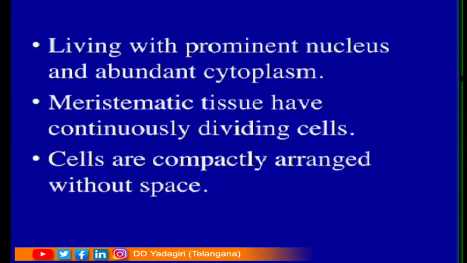That is why plants are able to withstand and get repaired even in heavy winds and rains. Children, these meristematic tissues are living, with a prominent nucleus and abundant cytoplasm. As we said, meristematic tissue has continuously dividing cells. These cells are compactly arranged without any space.